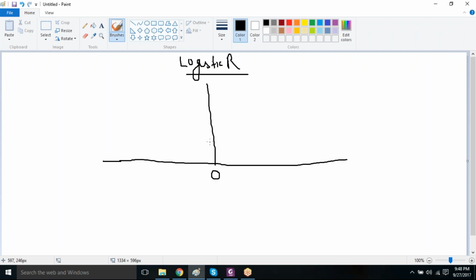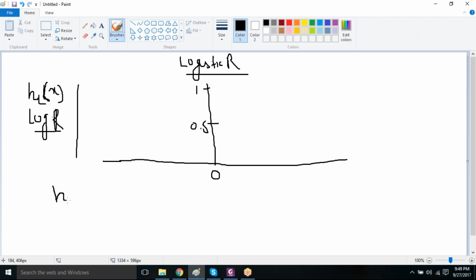This is 0. This is 0.5. And this is 1. This y-axis is basically my logistic regression function value, the hypothesis of logistic regression. I will write HL, HL theta naught, HL x, I will write, okay.